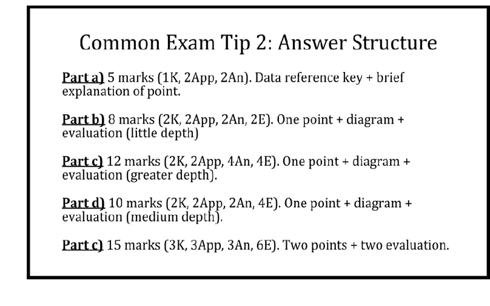And part E, the 15 marker, what will happen is that we're looking at 2 points and 2 pieces of evaluation. In depth, it differs from the essay that you will follow later on because it doesn't need a conclusion, but you do again need to use theory precisely, explaining diagrams and questioning the extent to which your points will happen.